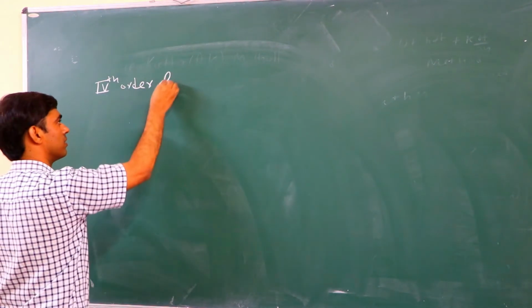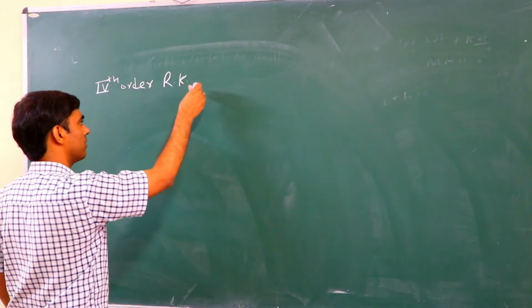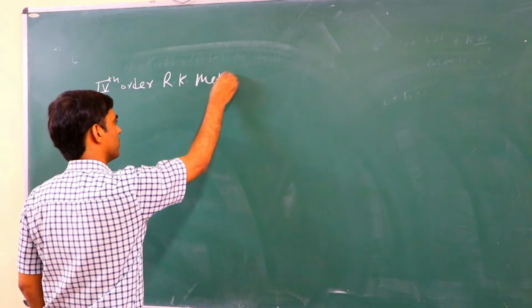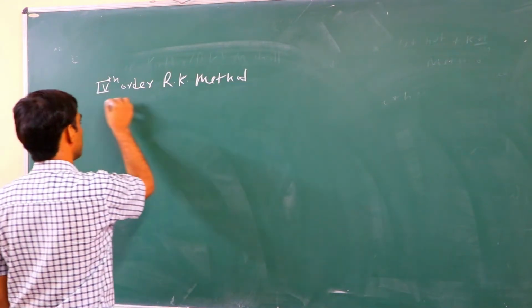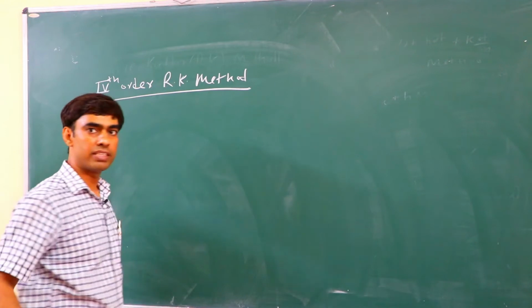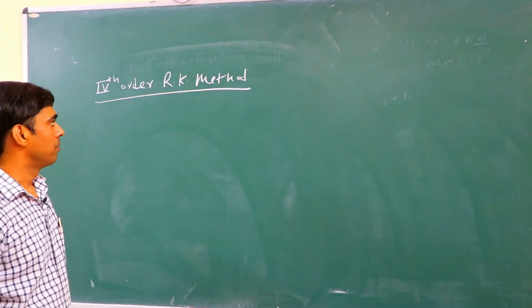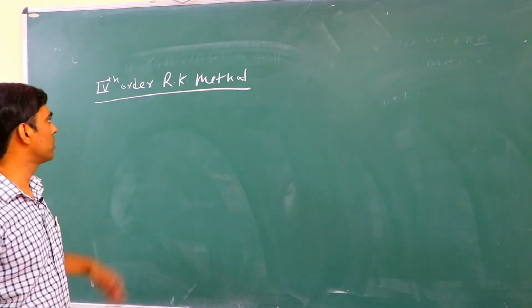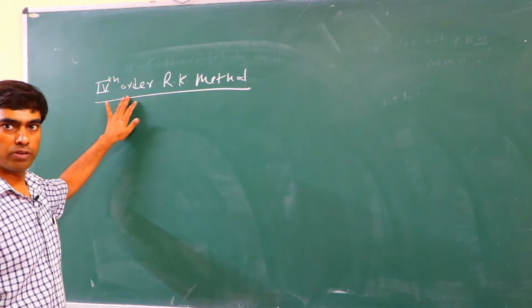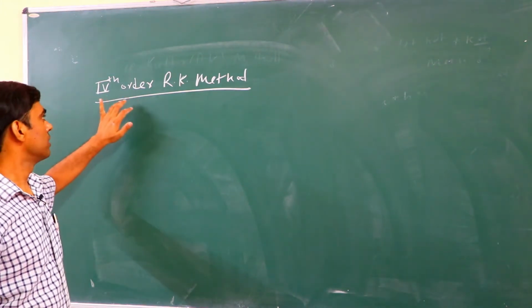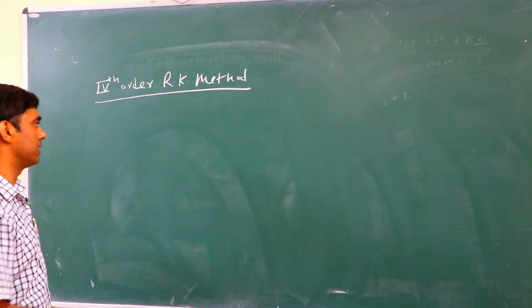As we know, in RK methods we use different slopes. If we use four slopes to find the value of m, this is called the fourth order RK method.